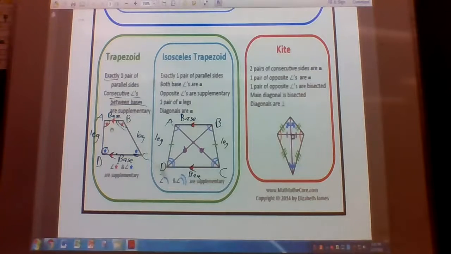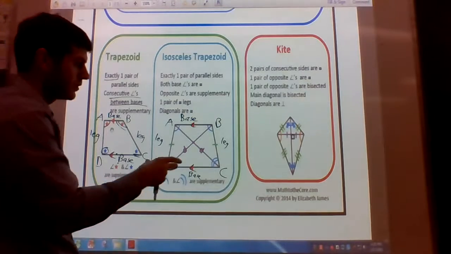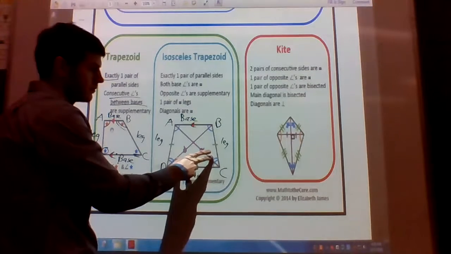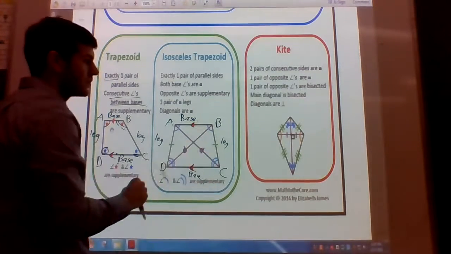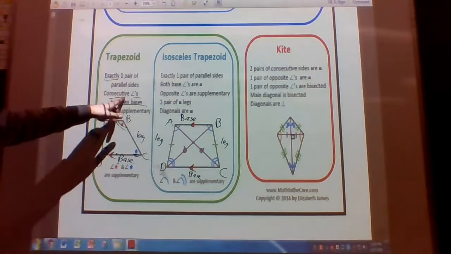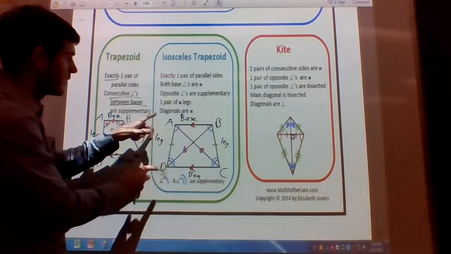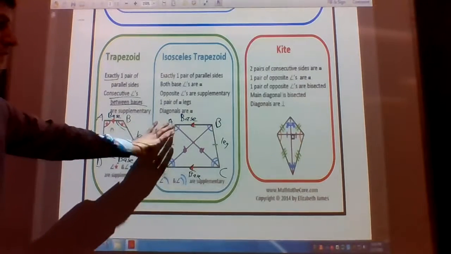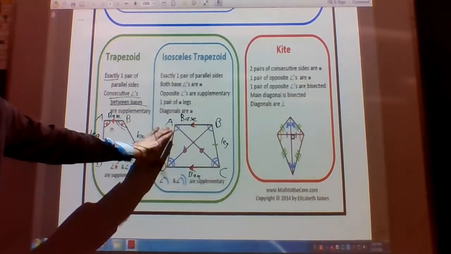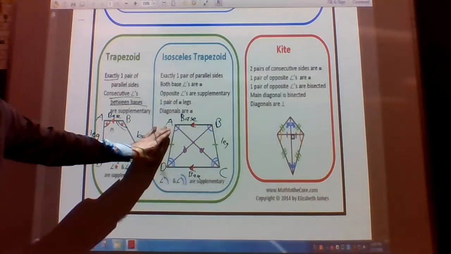Opposite angles are supplementary. The reason is that consecutive angles between the bases are supplementary. A and D are consecutive angles between the bases.